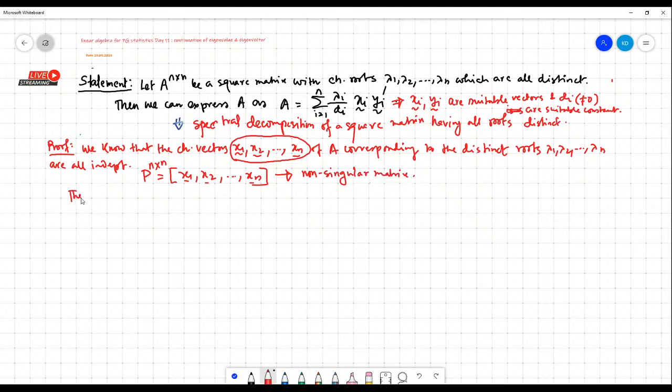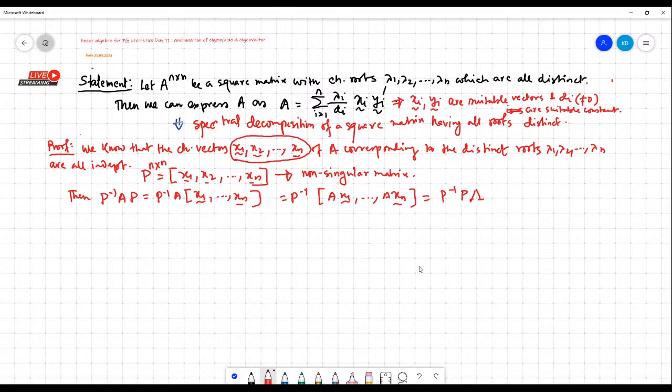Then P inverse A P, that is P inverse A x1 curl, up to A xn curl, is equal to P inverse P lambda, capital lambda, where capital lambda, as I already defined, is a diagonal matrix whose diagonal elements are lambda 1, lambda 2, up to lambda n.